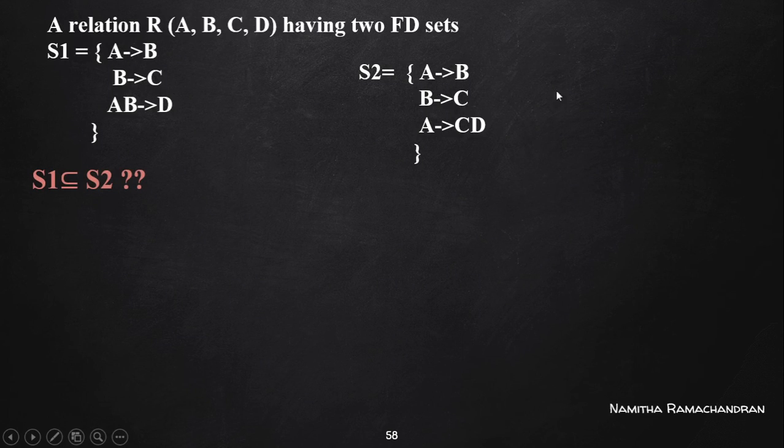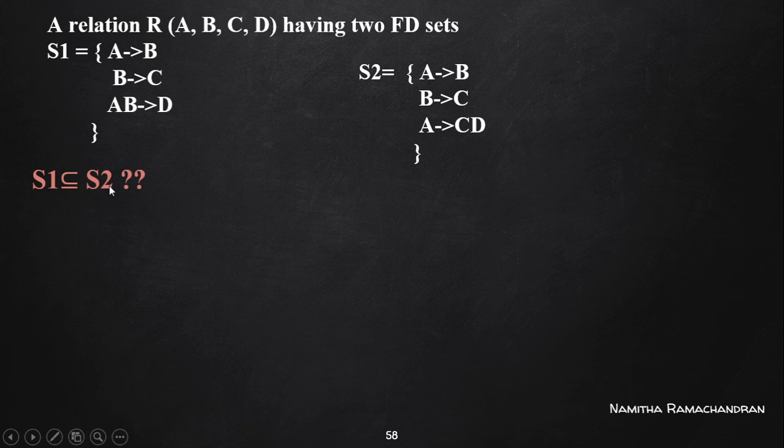So the representation is like this, and we are going to check whether S1 subset of S2, that is whether S2 covers S1, because the superset part contains S2 and the subset part contains S1. So what is our step? First, we want to find the attribute closure of our subset with respect to the superset dependencies. From this notation, it is clear which one is the subset: S1, and the superset is S2.